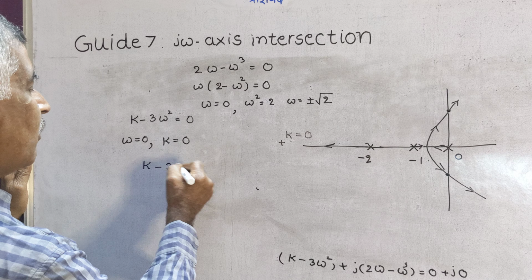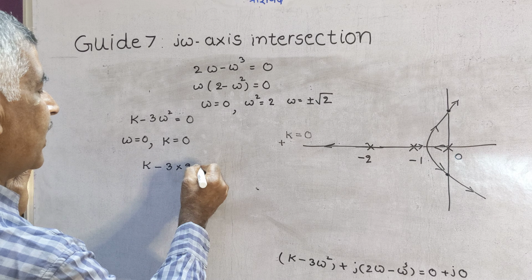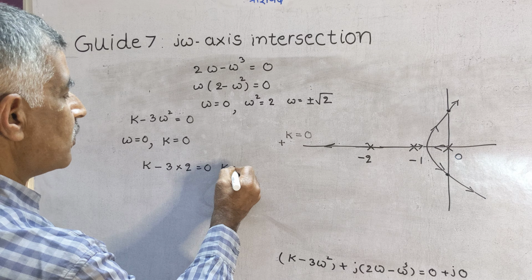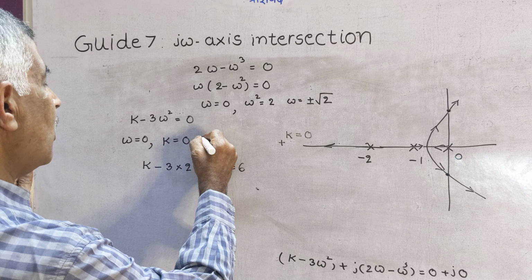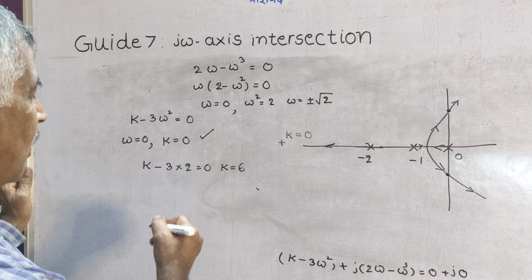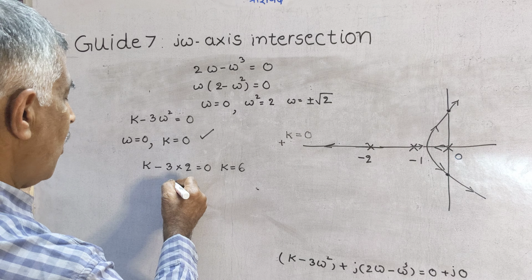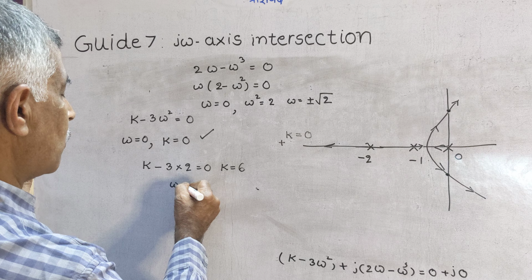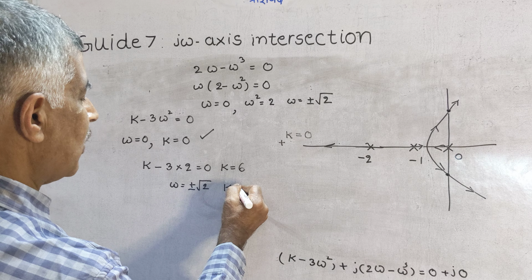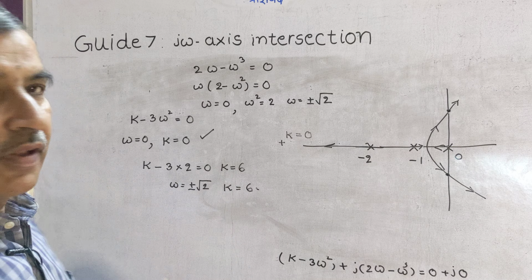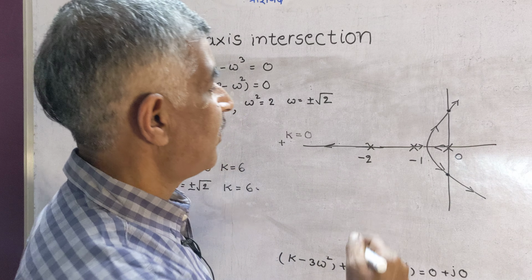Substituting omega square equal to 2, we get k equal to 6. Therefore, we are getting 2 points: omega equal to 0, k equal to 0, one point. And omega is equal to plus or minus root 2 and k value is 6.